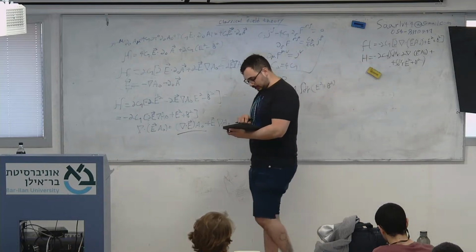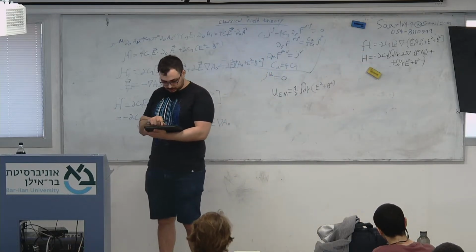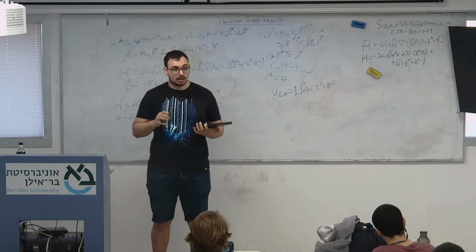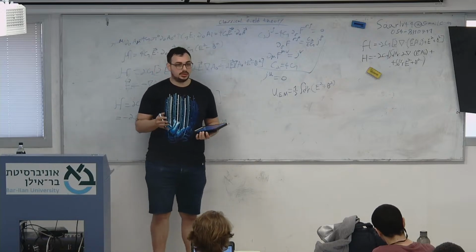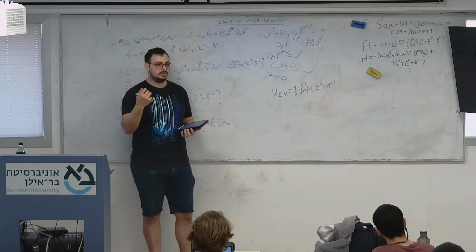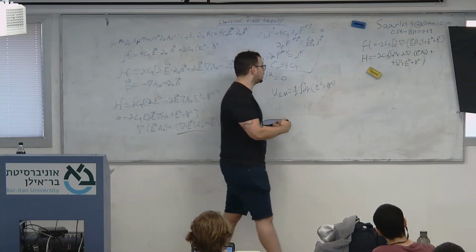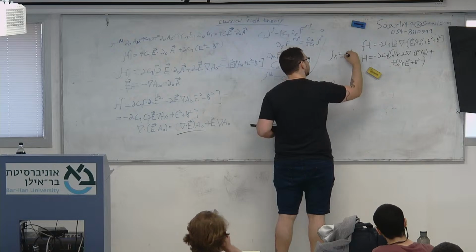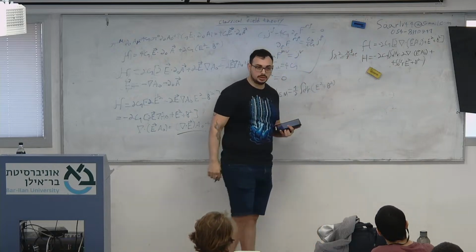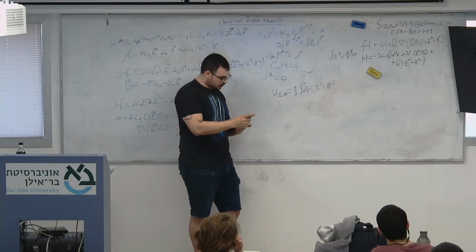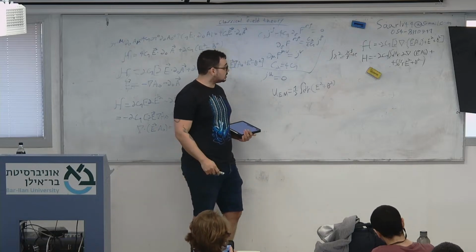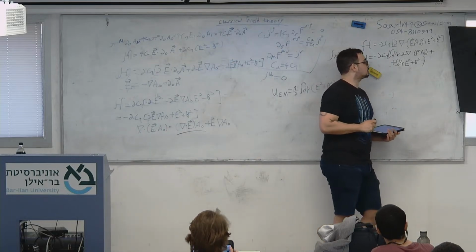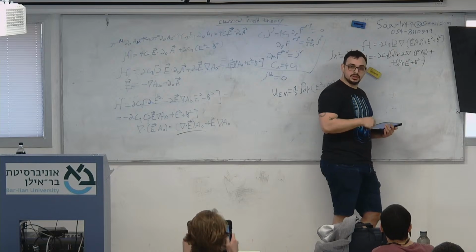Okay, and the next thing I won't be able to prove right now, but I'll just say it in words. When we take a normal integral, we know that it's up to some constant. If we take an integral of x squared, it will be x cubed divided by 3 plus some constant, right? But in field theory, the same thing applies, only that a spatial integral is correct up to a surface term.